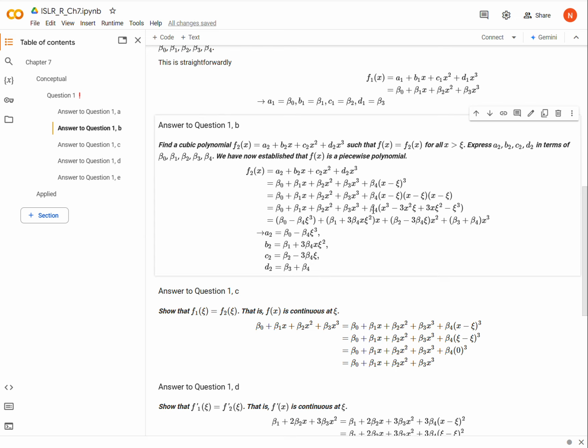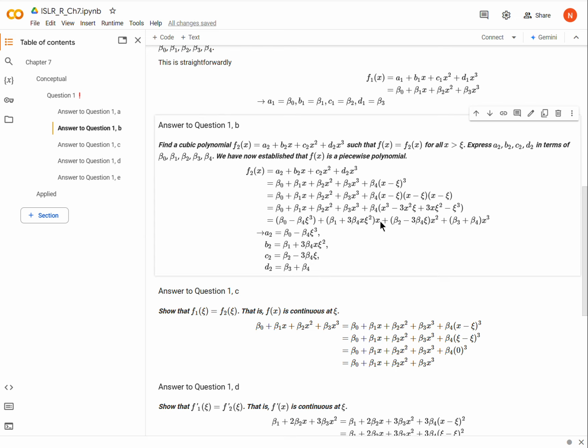We have beta sub 4 times x cubed, so we have beta 3 plus beta 4 times x cubed. Similarly, now we have beta 4 times the negative 3x squared xi, so we have an x squared term over here, and we can lump those x squared terms. So now we have beta 2 minus 3 beta 4 xi.